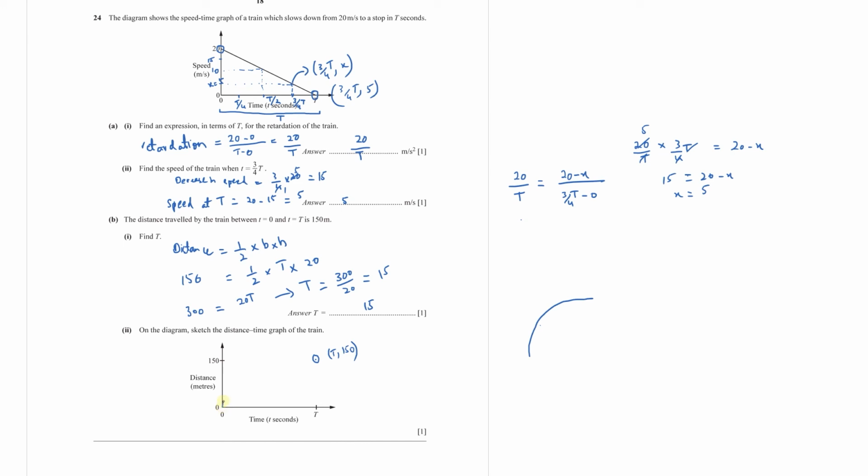You start off with a high gradient, and then you start to, let me draw this again. I went above the point. So you start here with a high gradient value, and then you start to decrease, and then it's almost 0 at this point. It's something like this, which is a concave shape here. So that will be your sketch. So your gradient is continuously decreasing, which is given by the speed time graph for this distance time graph.